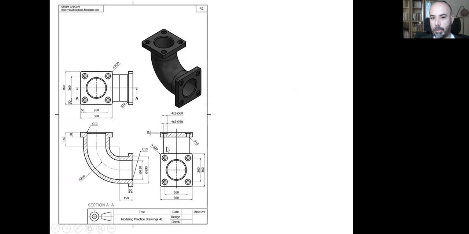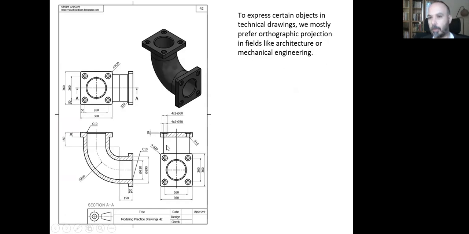And as you see, to express certain objects in technical drawings, we mostly prefer orthographic projection in fields like architecture or mechanical engineering. This is a drawing made by mechanical engineers. Here we see a piece, a pipe probably. And again, we noticed that they used orthographic projection.